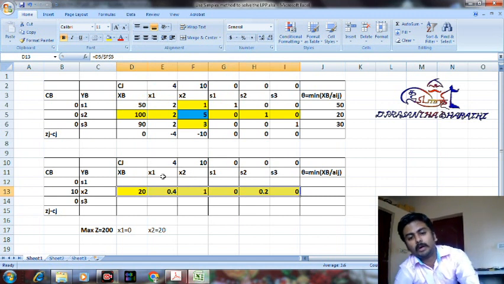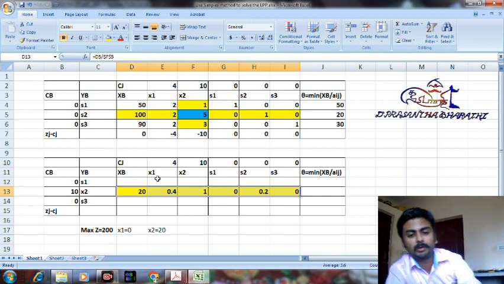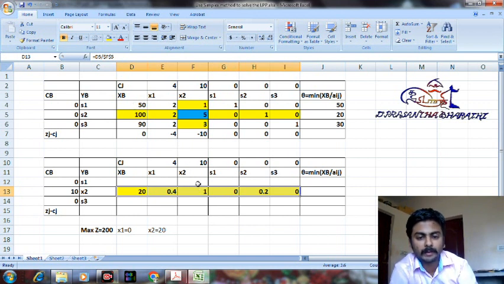Now to find the remaining values, we are making a small calculation here. Our aim is to make 0 in S1 x2 and S3 x2.